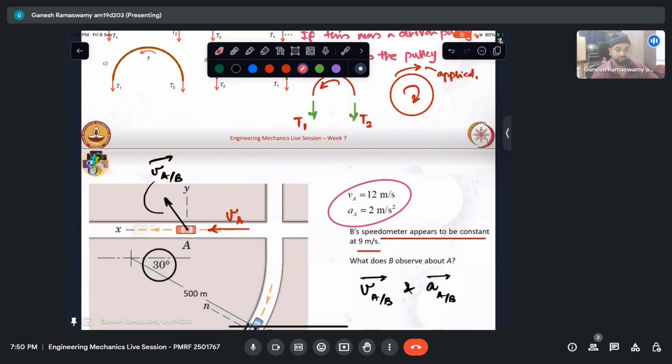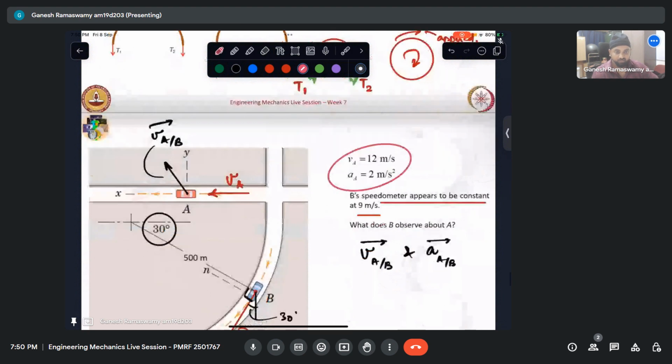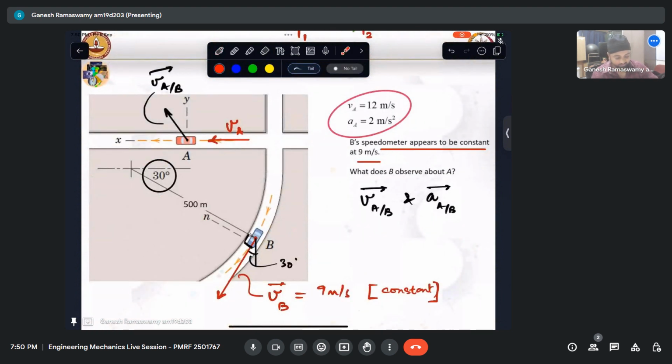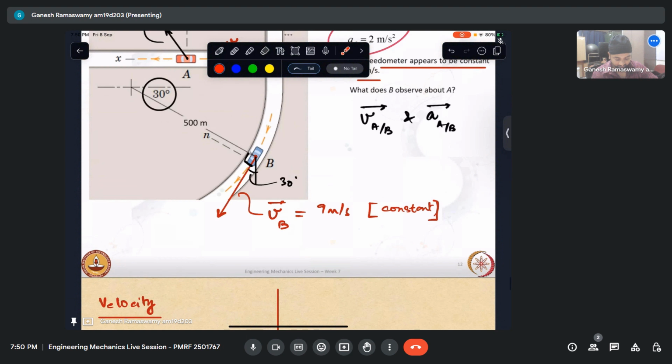Now we know that B sees the speedometer hovering at a constant 9. What this implies is that this line is having no angular acceleration. So if I took this angle to be theta, then theta double dot is equal to 0. However, since the car is moving in a circular path, I will have a centripetal acceleration pointing like that.